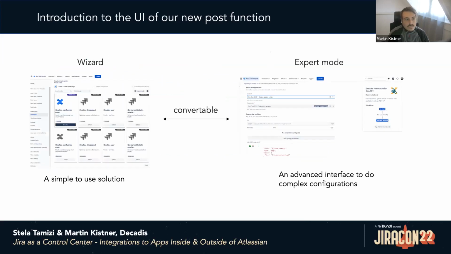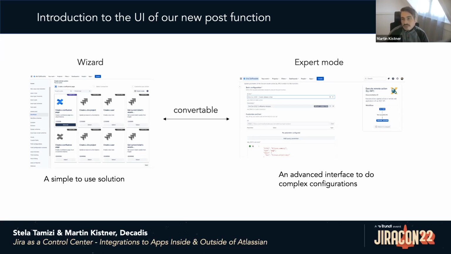And this is how we designed the UI. We split the UI, so it comes with a convertible UI. On the one hand, we have a wizard, which is a really simple to use solution, which comes with templates out of the box. So everything is pre-configured for you as a customer to create a Confluence page or create a Jira project. It's really just 3 clicks away.